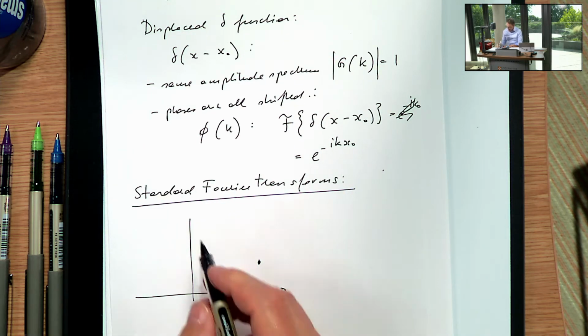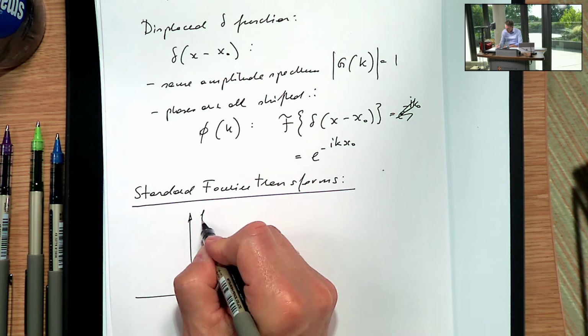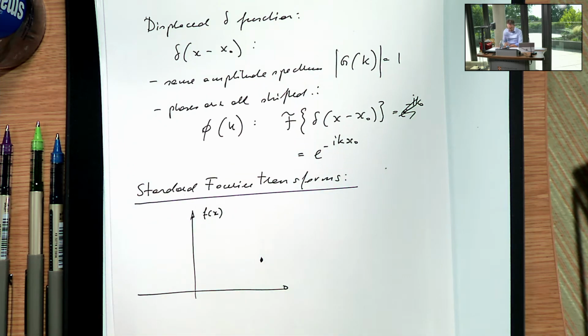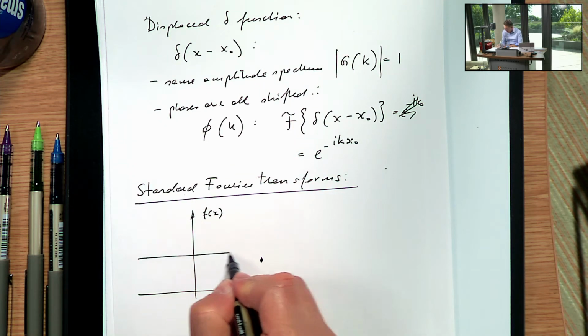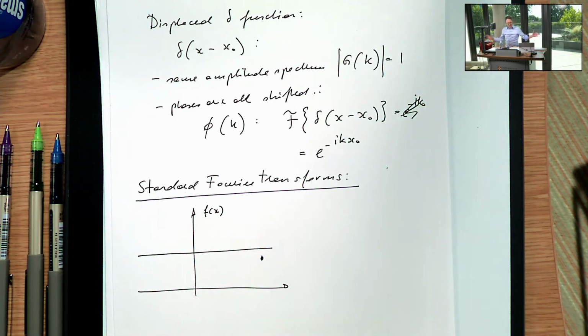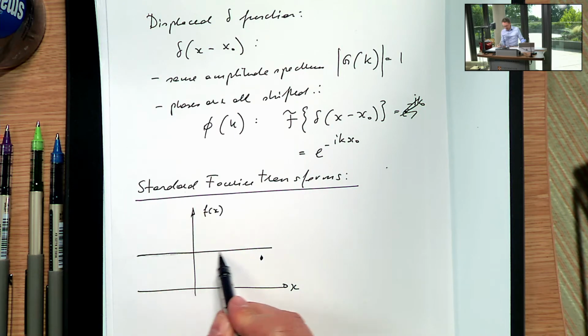So let's suppose I have a real space function f of x, and it is just even, for example an evenly illuminated object. The object is just even everywhere. So all across x, you just have one value for it. The value is a.